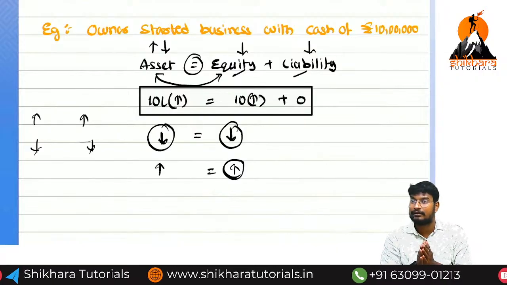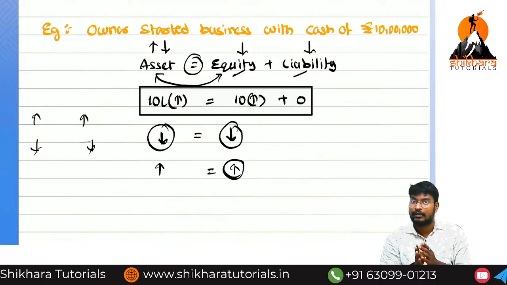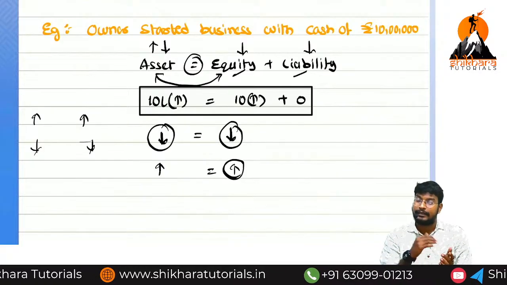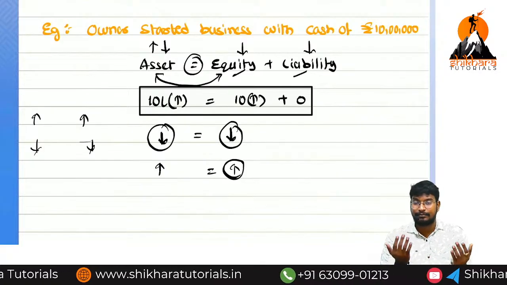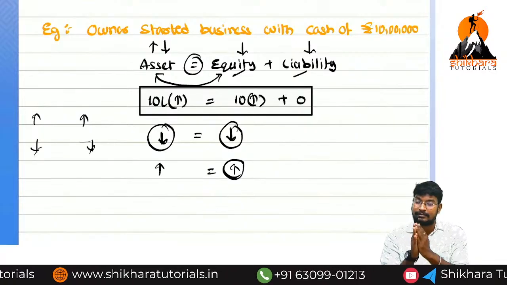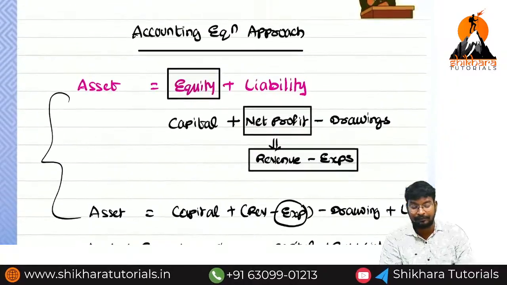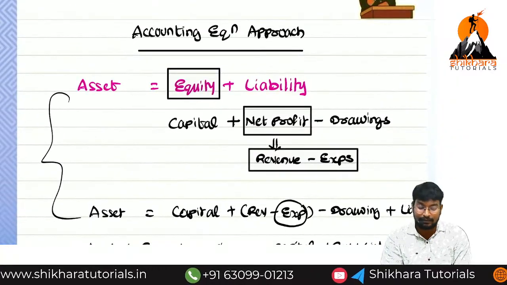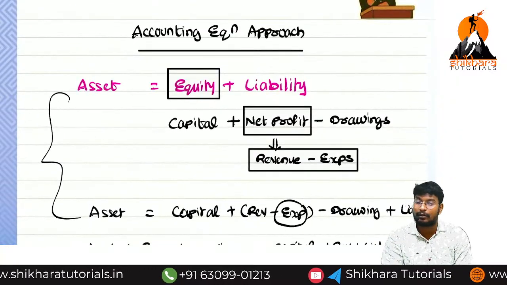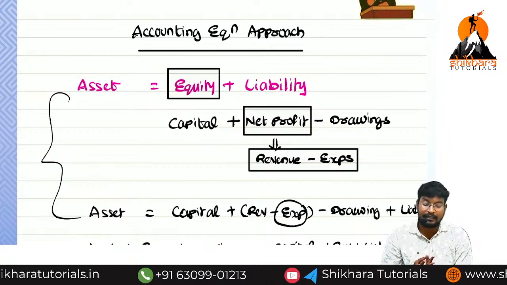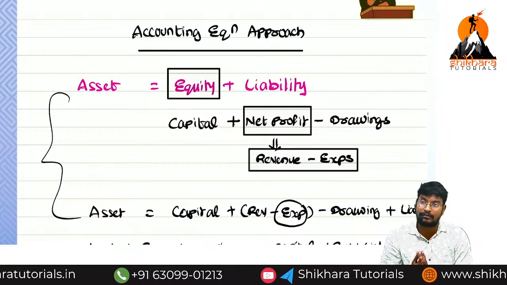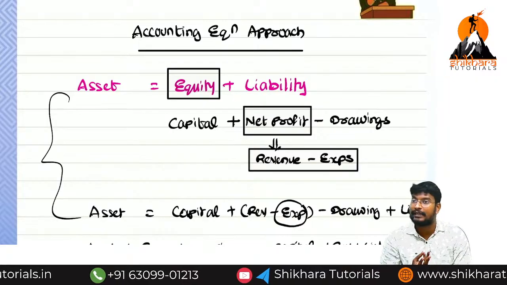Same side means direct or inverse? Inverse. Opposite side means direct. Increase means increase, decrease means decrease. Same side means increase means decrease, decrease means increase. What is the accounting equation? Asset equals equity plus liability. Equity is written as capital plus net profit minus drawings, and net profit is equal to revenue minus expenses.